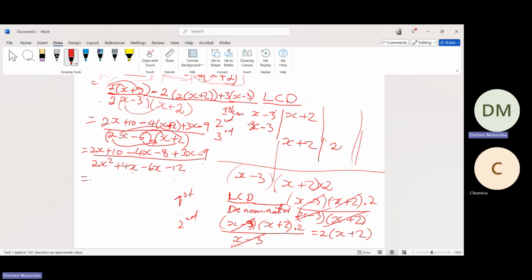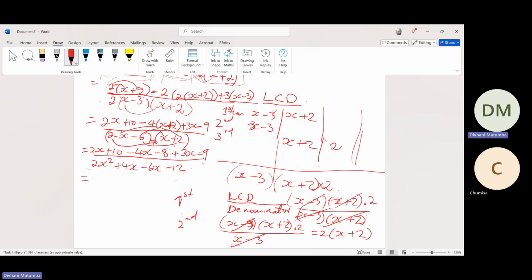Okay. So if we are solving it further, do we have like terms? Yes, sir. Okay. Which one is a like term of the other? 2x minus 4x plus 3x. What is it? 2 minus 4 is minus 2.